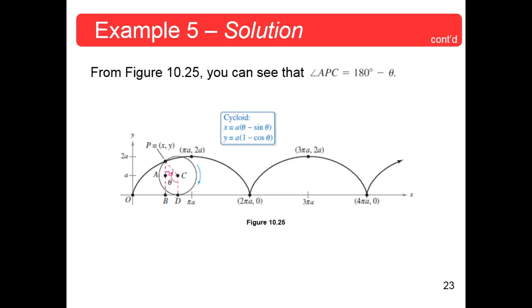Now, things to note here, these equations are differentiable up to the cusp. They're nice and smooth and rounded all up to here, but then they have a cusp. And then they have a cusp.